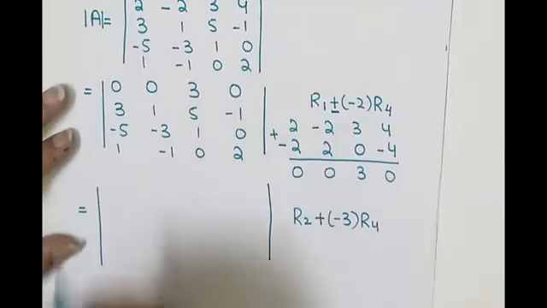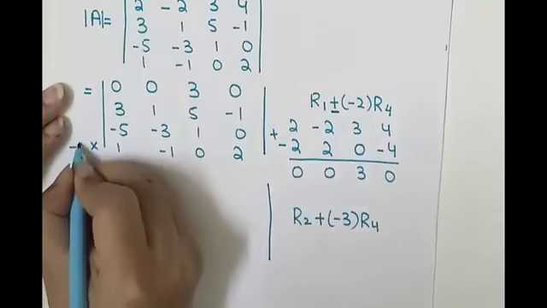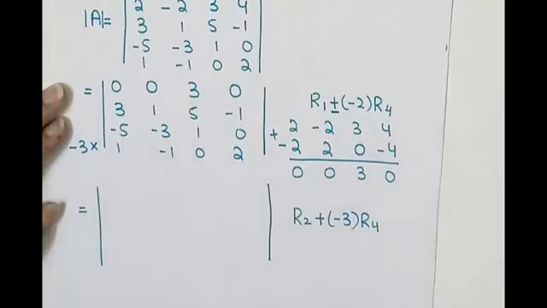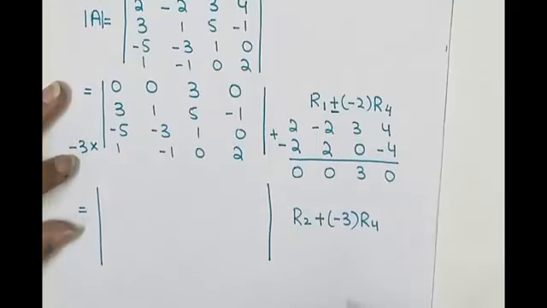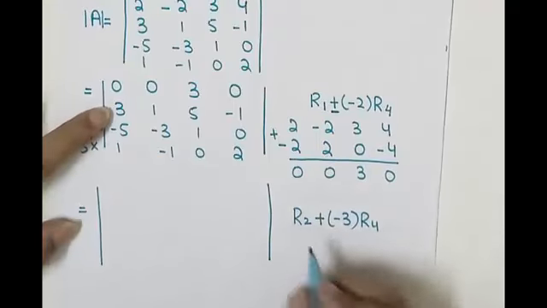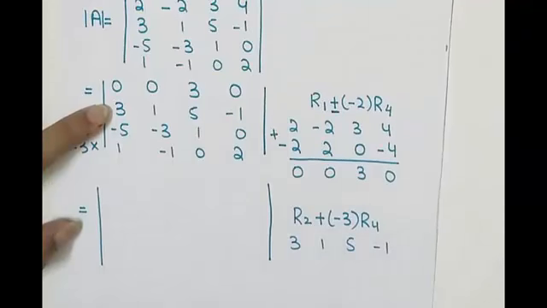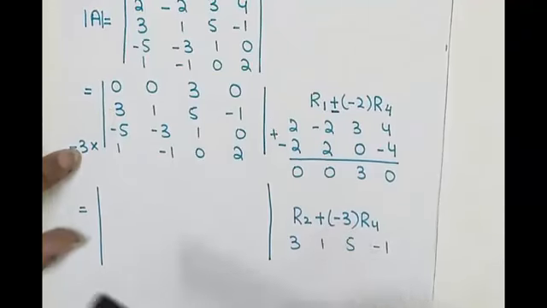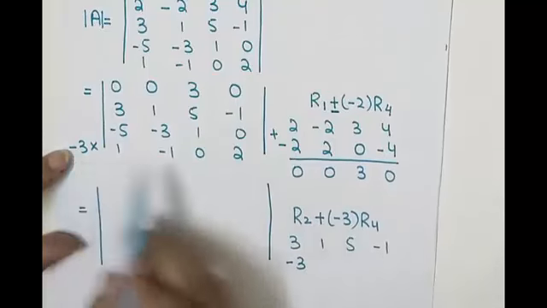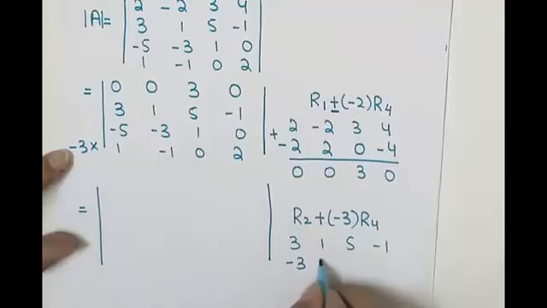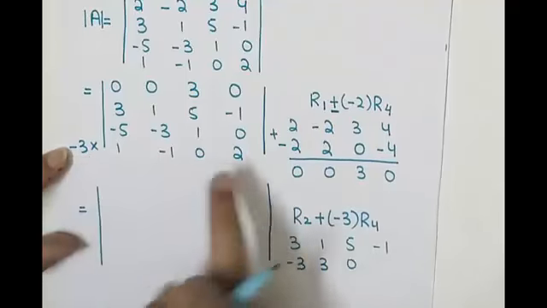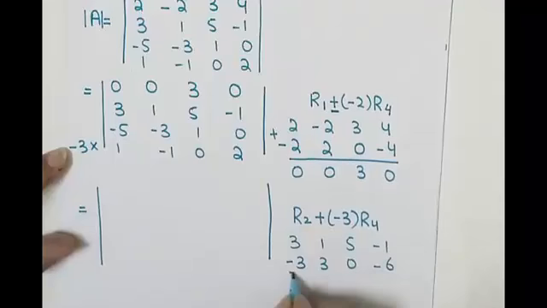This is R2: 3, 1, 5 and minus 1. Now multiply minus 3 with this R4. We have minus 3, 3 times 1 is 3... minus 3 times 0 is 0 and minus 3 times 2 is minus 6.